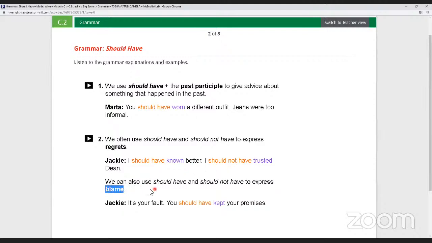Then, as I mentioned before, we can also use should have and should not have to express blame. It's your fault. You should have saved your bags. We're going to suppose that you were in the airport, and you forgot where you placed your bags.